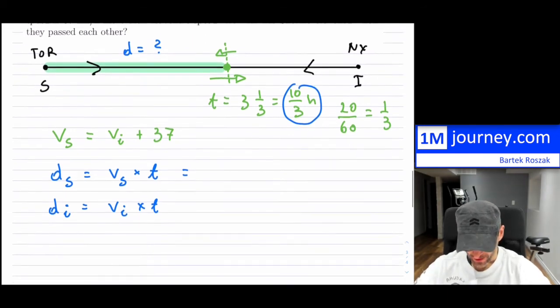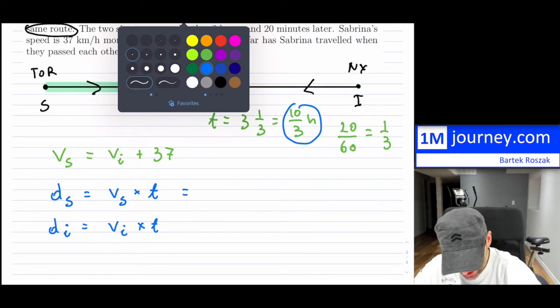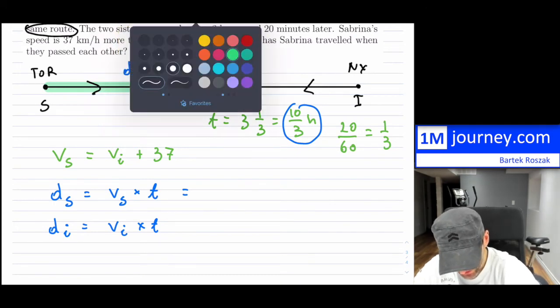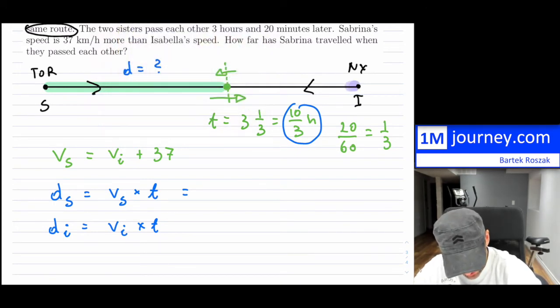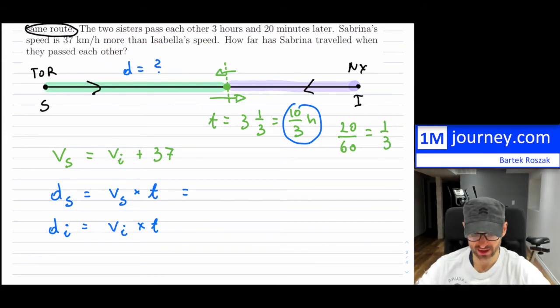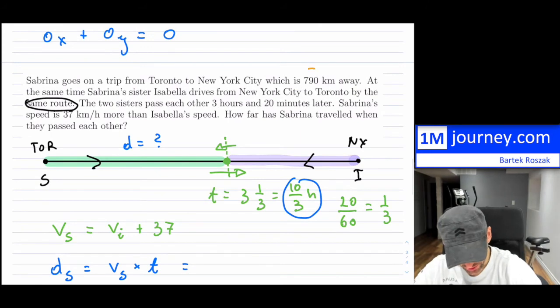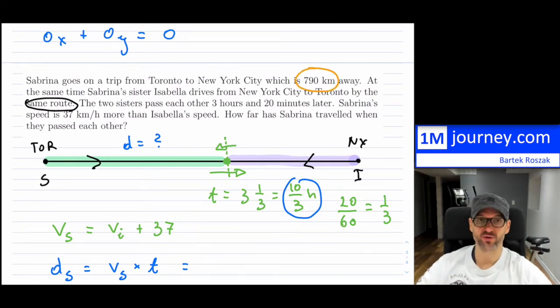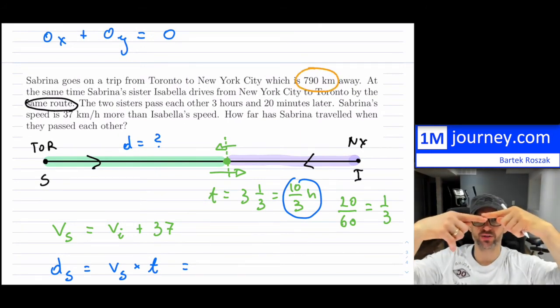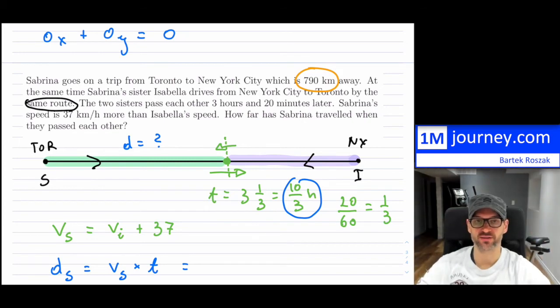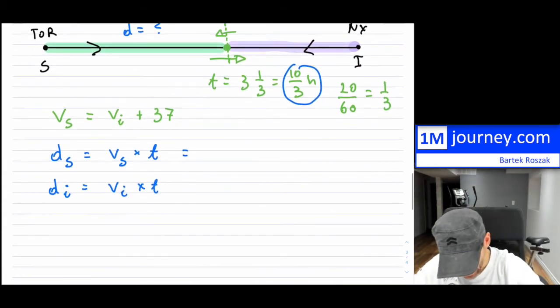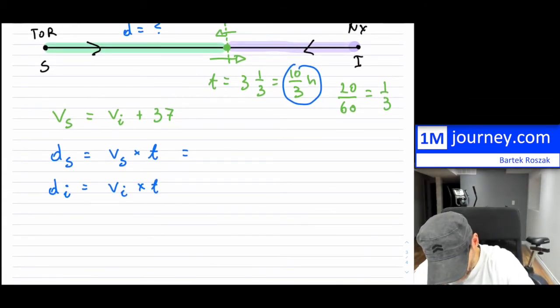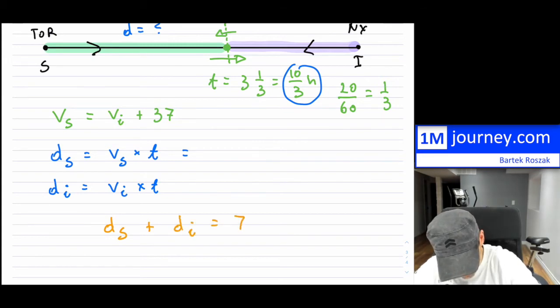Now these two distances, if you take Isabella's distance and then Sabrina's distance, obviously the two distances have to equal the total distance, right? Because they're going in opposite directions, and then they're passing each other. So as they pass each other, they cover the entire distance, which is 790 kilometers. So what we have is that distance Sabrina plus distance of Isabella equals 790.